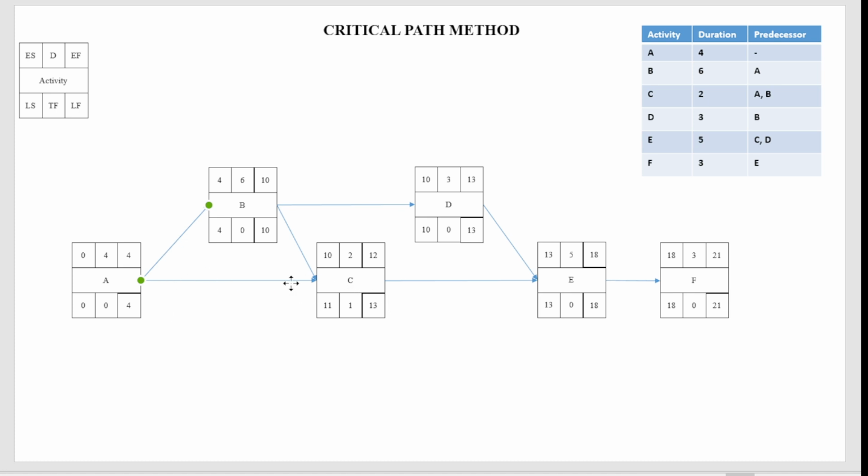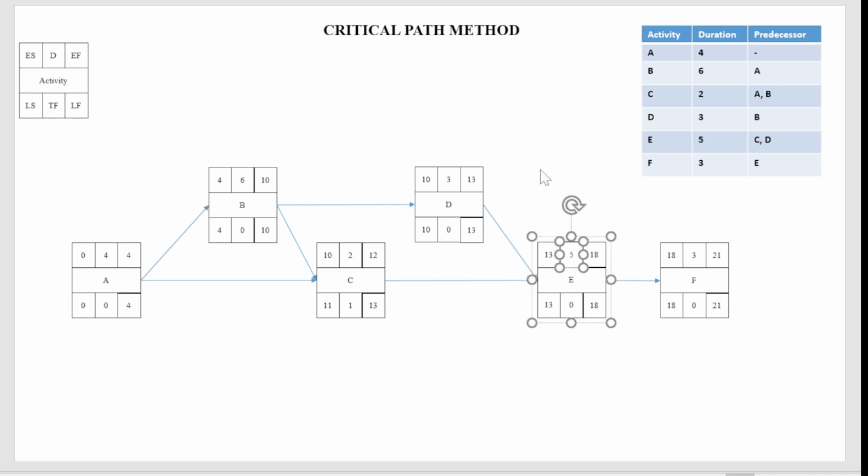Activity C has a relationship with A and B, so C is connected with A and C is connected with B. C has a duration of 2. Activity D has a duration of 3 and a finish to start relationship with B, so D is connected with B. Activity E is connected with C and D, finish to start relationship, and has a duration of 5.